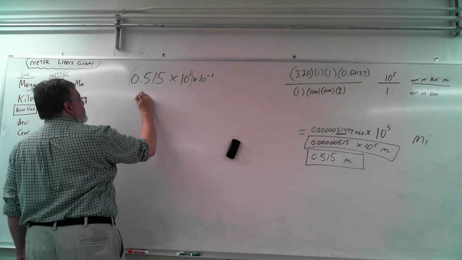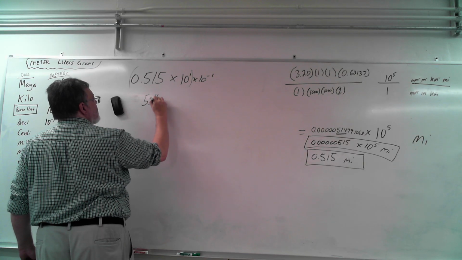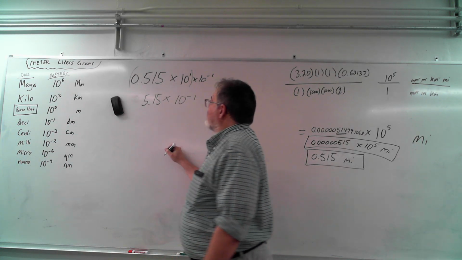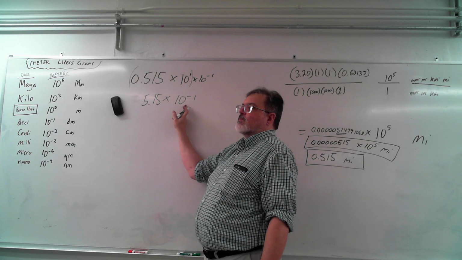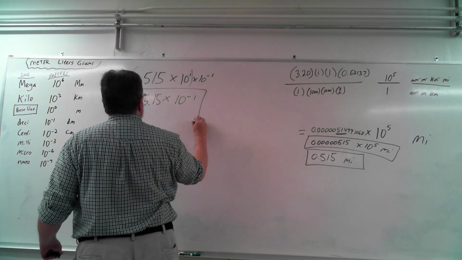Do the 10 to the 1, the 0. This accomplished the decimal move, and then this was still up. So that's 100% correct as well.